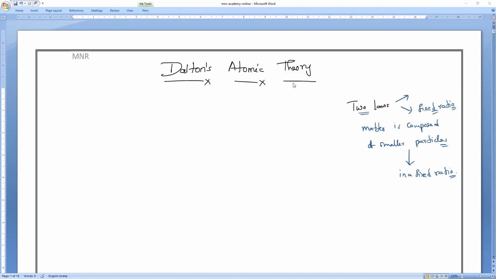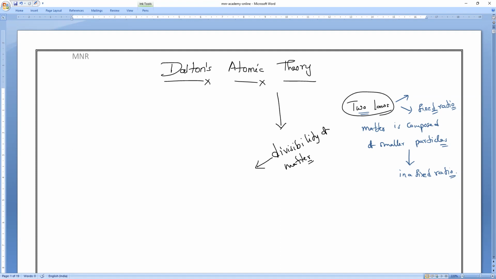So, Dalton gave his theory in order to explain these two laws and to study the different properties of matter. Dalton's atomic theory was based upon the divisibility of matter. What do we mean by divisibility?